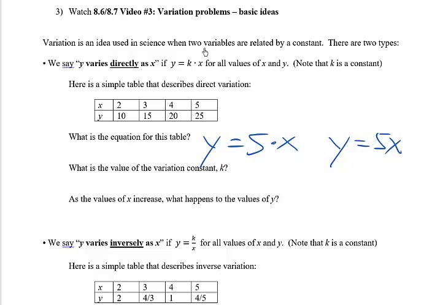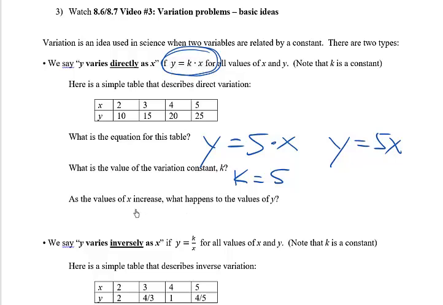Well, that means this table fits this direct variation definition. The next question says, what's the value of the k? Well, obviously in this problem, the k is 5. In any particular problem, the k will be some set fixed number. We could say the y values vary directly as the x values because it fits this pattern.